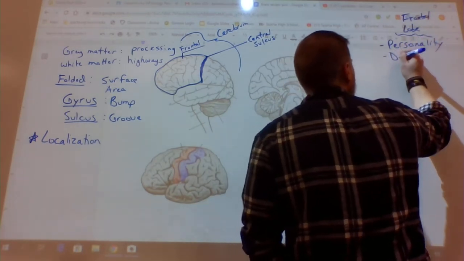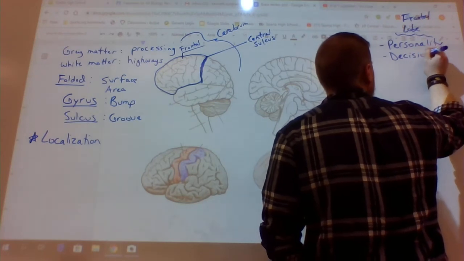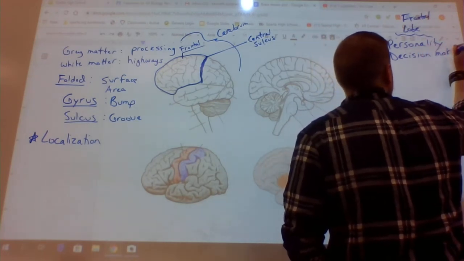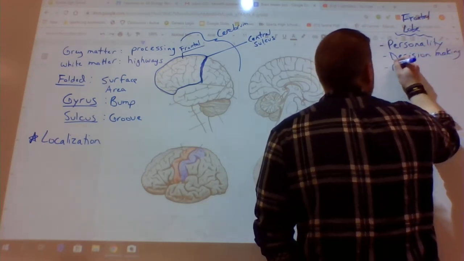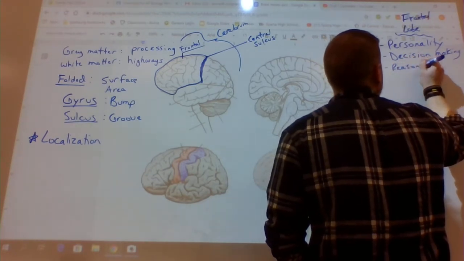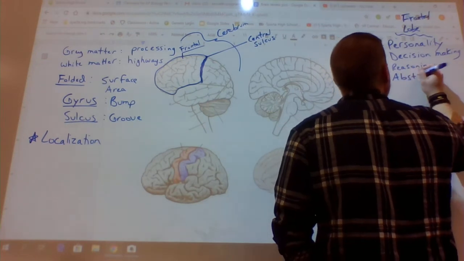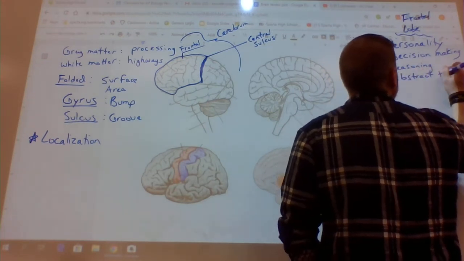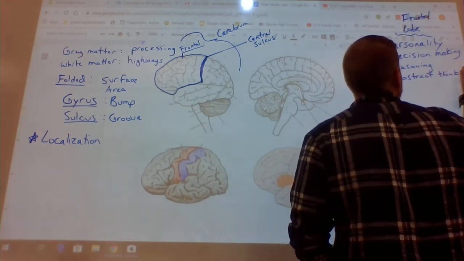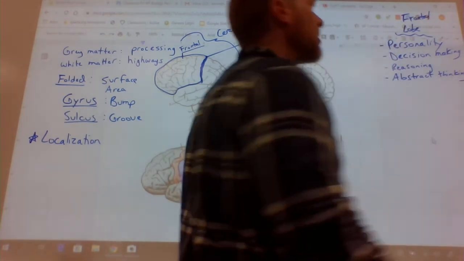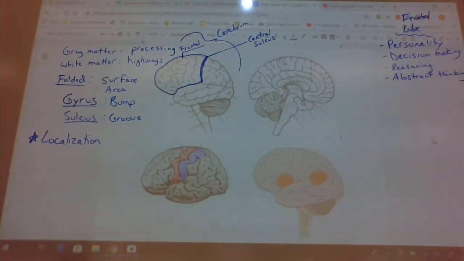Things like decision making. Things like reasoning. Things like abstract thinking. We talked about impulse control. All of these things that are kind of uniquely human, they are all found within this frontal lobe.